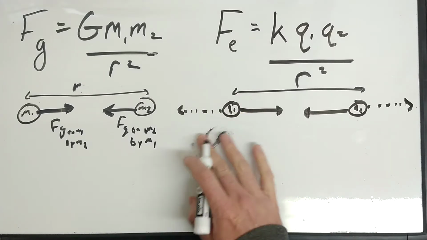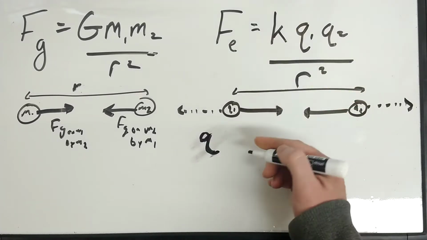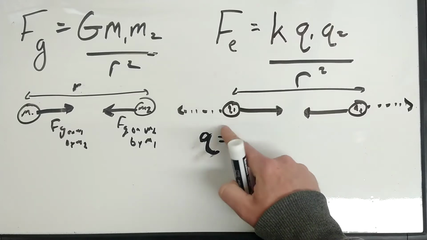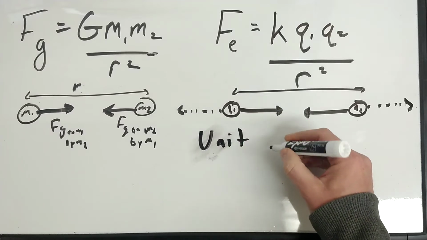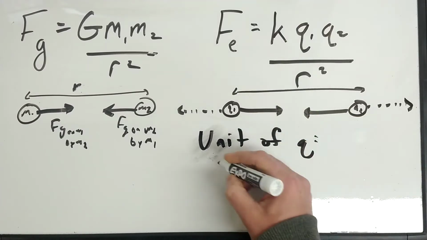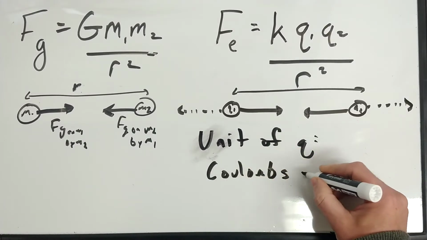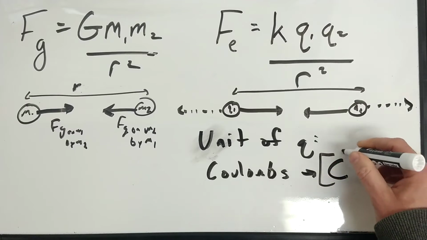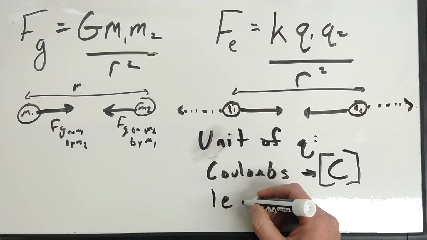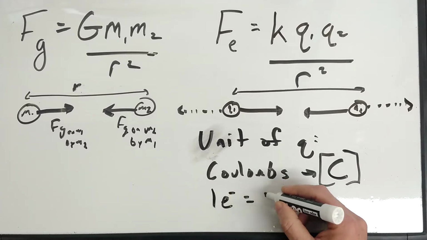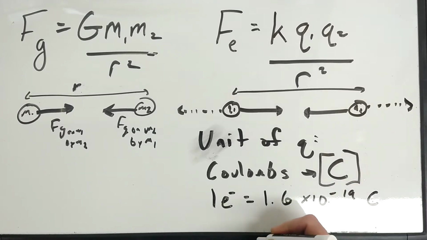Actually, let's start off with q. The unit for q that we typically use in this formula is the unit of charge, coulombs, which is capital C. One electron has a charge of negative 1.6 times 10 to the minus 19th coulombs.